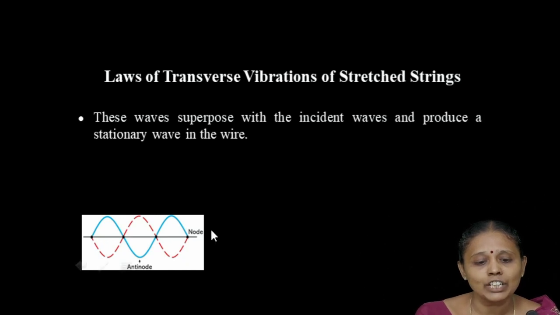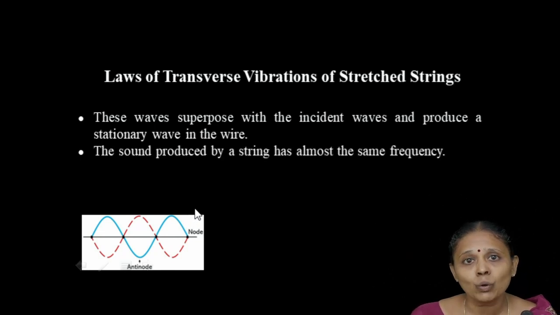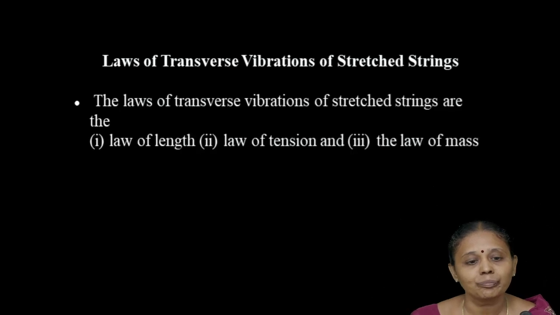Here we see that nodes and antinodes are formed alternatively. Here is the point where we get nodes and here is the point where we get antinodes. Moreover, the sound produced by the wire or the string has almost the same frequency. The frequency of the wave doesn't change.